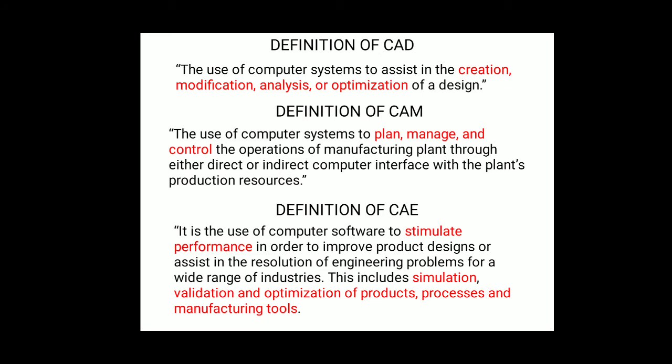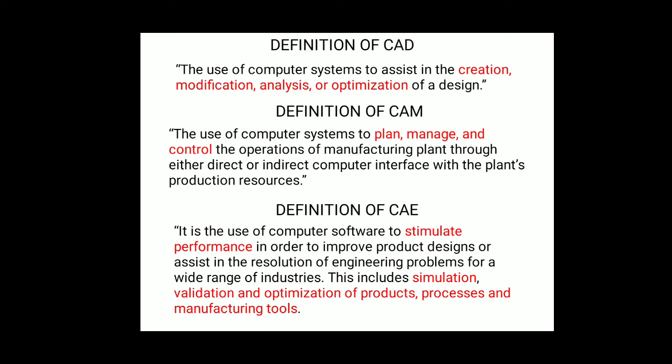We have already seen the definitions of CAD, CAM and CAE separately, but we'll see them again. CAD is nothing but creation, modification, analysis and optimization of the design, whatever previous design is there. From that we modify, create new things, analyze and optimize a design.